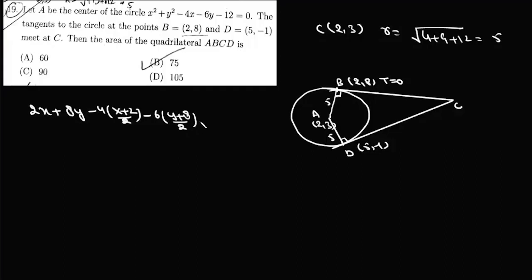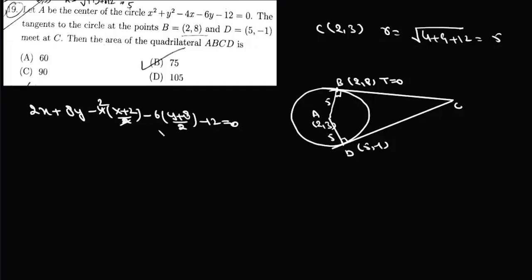For this we have to find the length of BC, and for that we have to find this C. Now we are given this point B, it is 2, 8 and D is 5, minus 1. Now we know that if a point lies on the curve, then the equation of the tangent is given by T equals 0. So we can write T equals 0 as 2x plus 8y minus 4 times x plus 2 by 2 minus 6 times y plus 8 by 2 minus 12 equals 0.